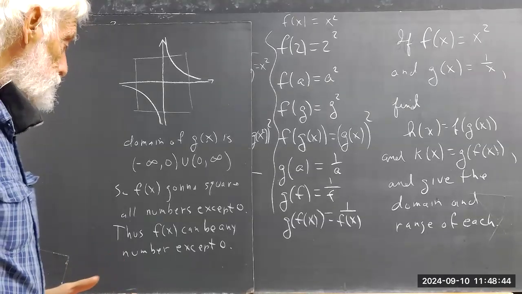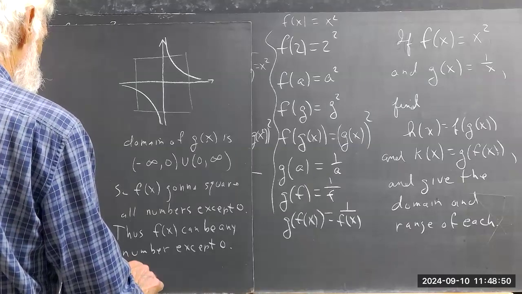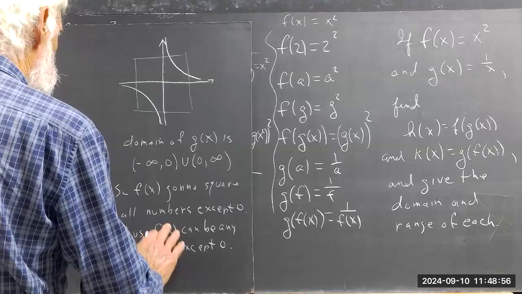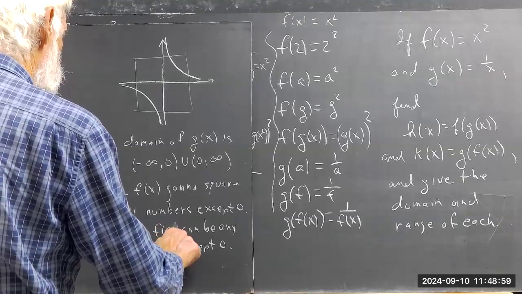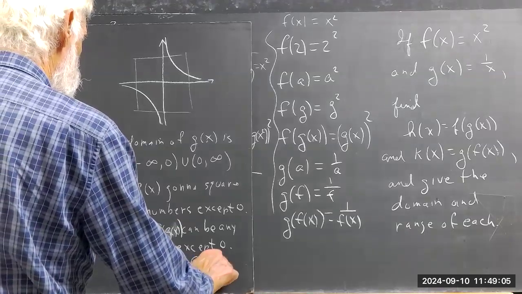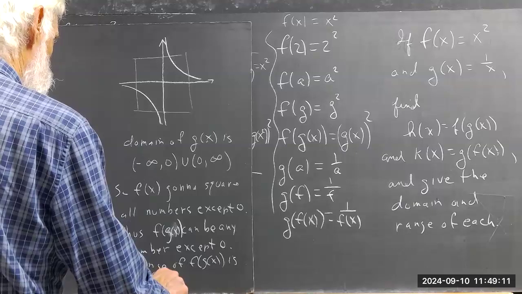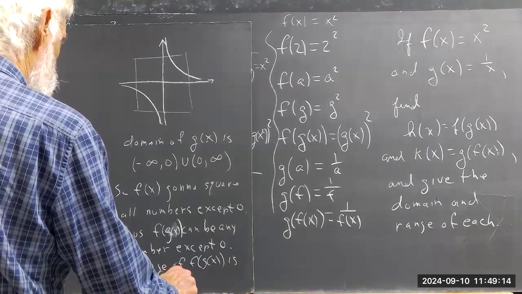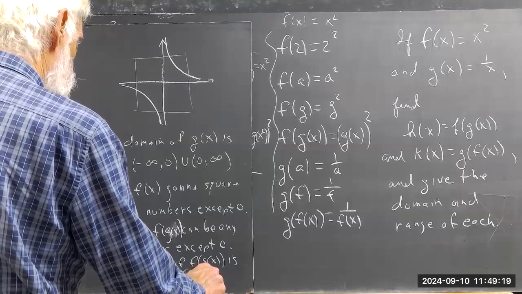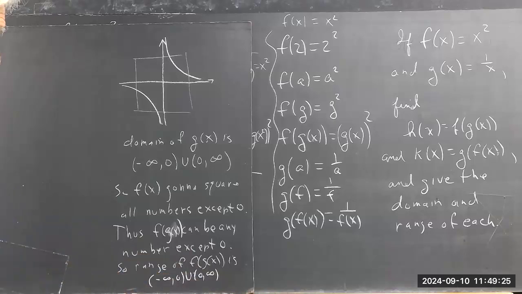I should have said that f of g of x, all numbers except 0, which again you write as negative infinity to 0, union 0 to infinity, open sets.